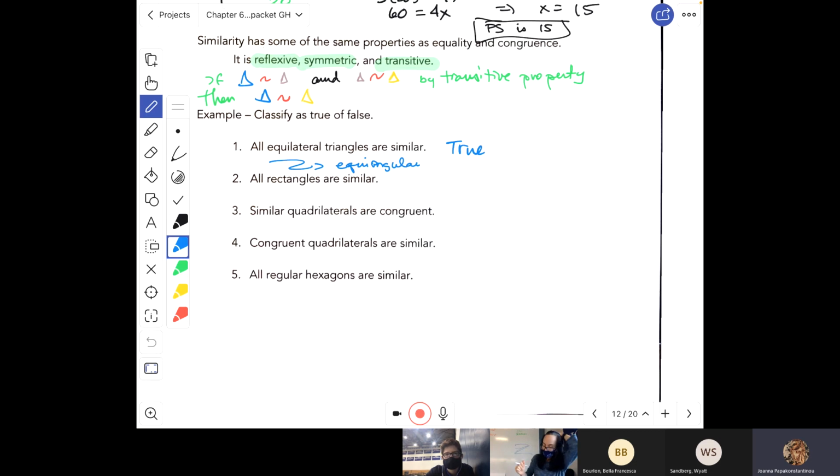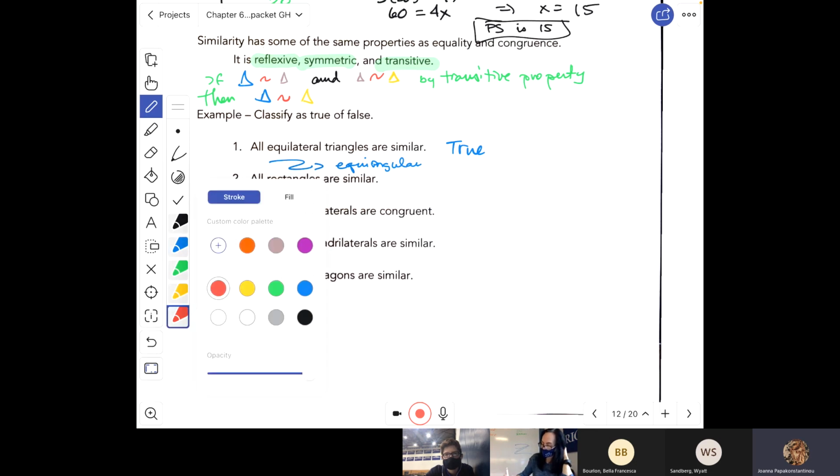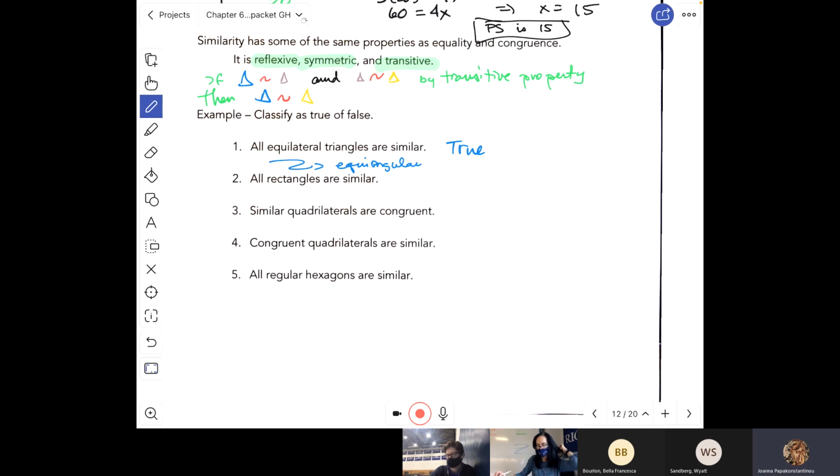What about all rectangles are similar? Really? False, because if you change the length, do you have to change the width in a rectangle?